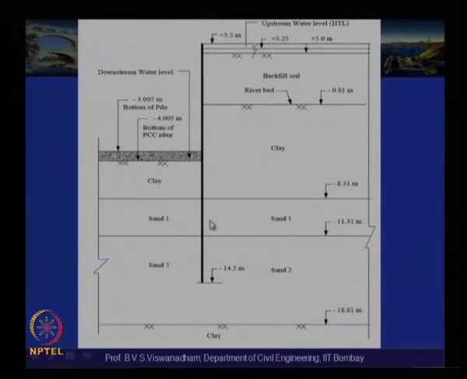Below that there is a sand, named sand 1, about 3 meters thick, and then from minus 11.31 to minus 18 meters there is a sand 2 layer. One row of sheet pile wall of the cofferdam is shown here, with penetration from plus 5.5 to minus 14.5 meters, and above this a backfill was placed.